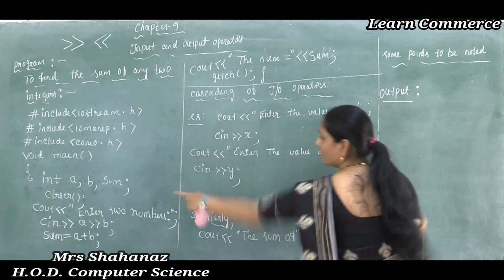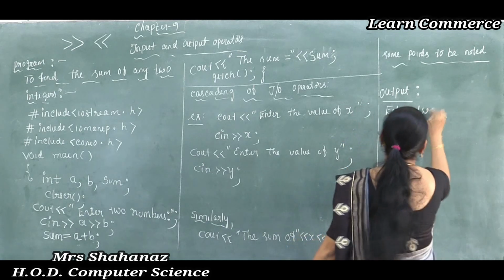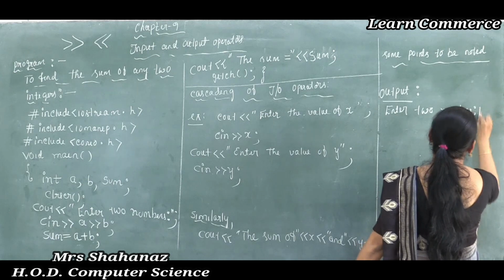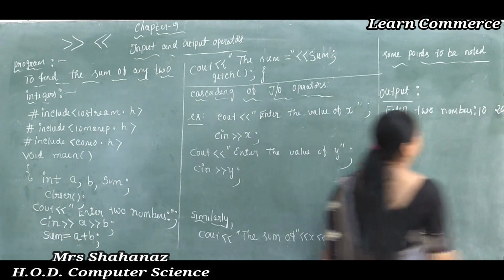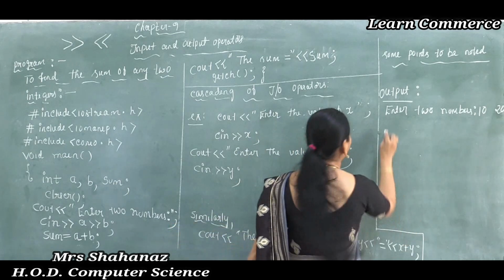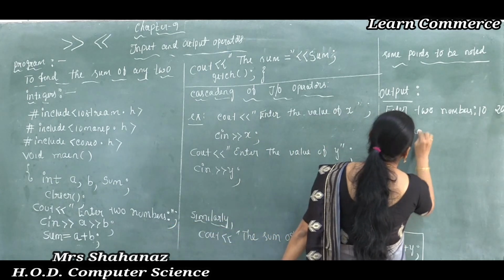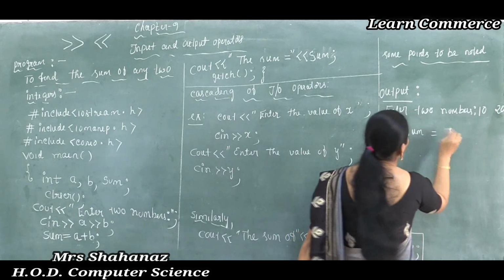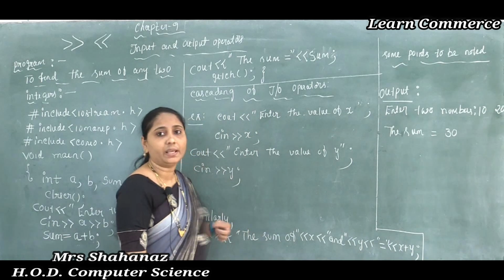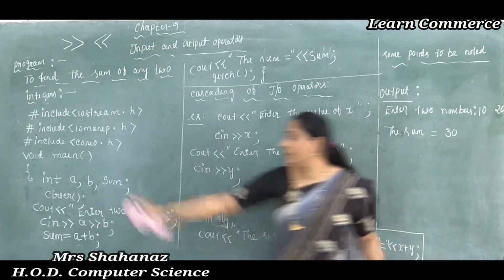First of all, it is providing enter two numbers, maybe the numbers are 10 and 20, you want to enter for A and B here. Later next one, it displays the sum is equal to, and lastly 30. So like that it is going to display the output. So clear this point here. This is the output of this program.